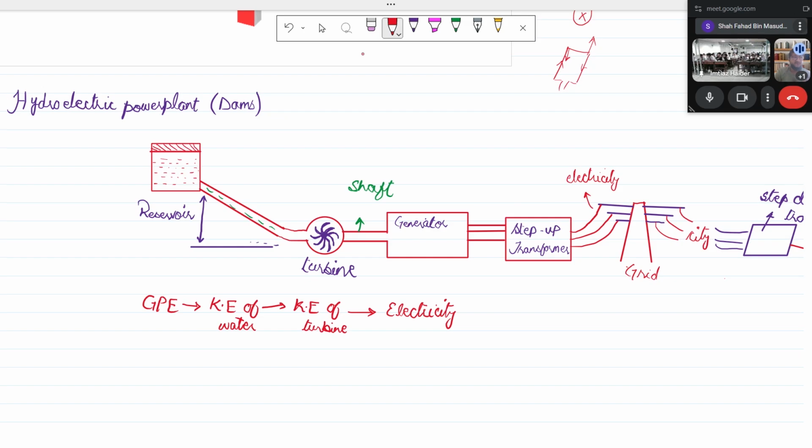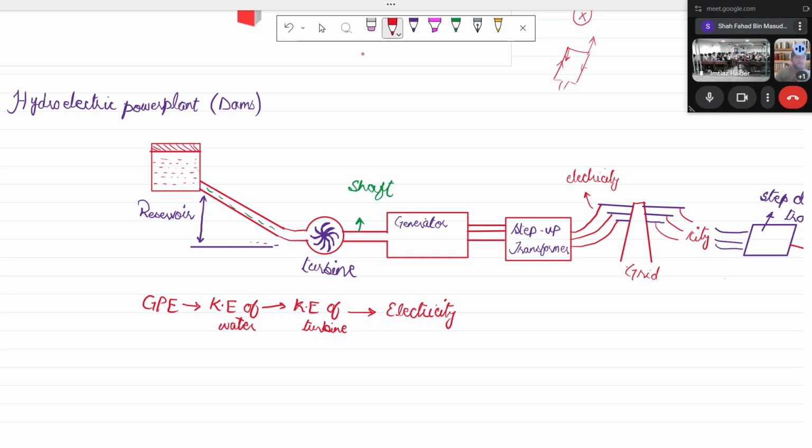The transformers in the power plant are step up. Sir, if step down transformers are outcome transformers and the street ones are installed before electricity goes into the houses, how are they step down? Beta, look, the voltages we are getting from the line, we have to step down because most of our equipment is designed for 220 volts.